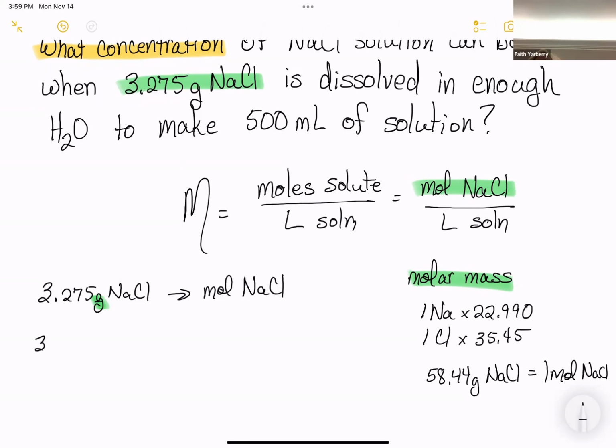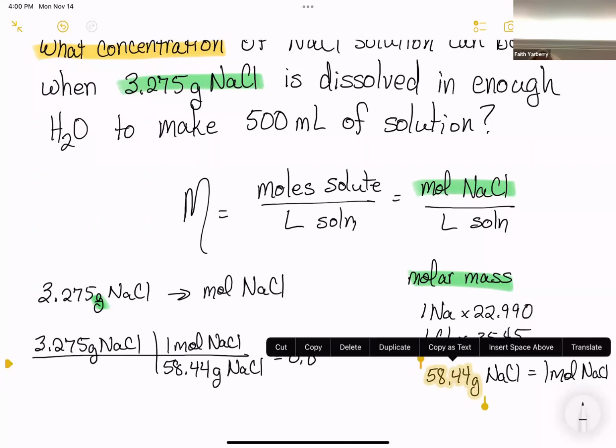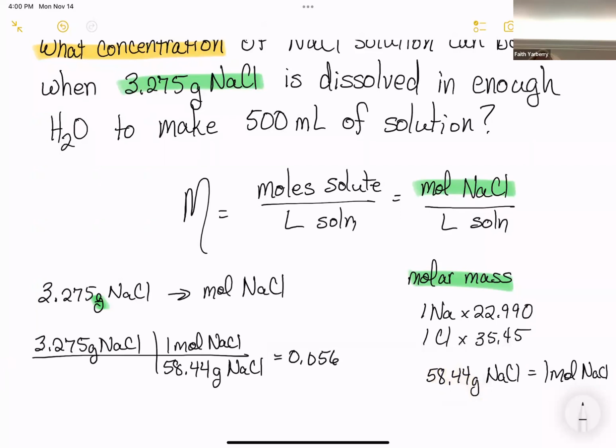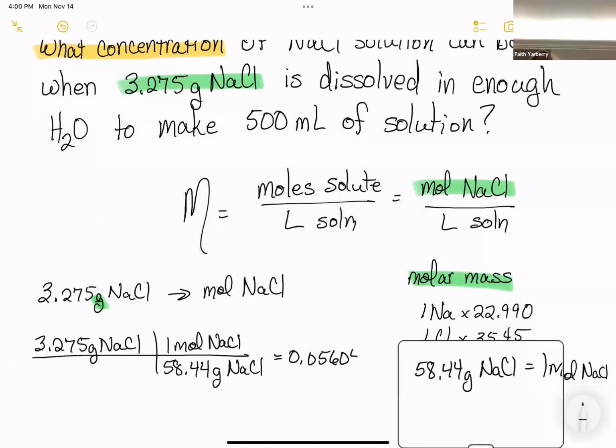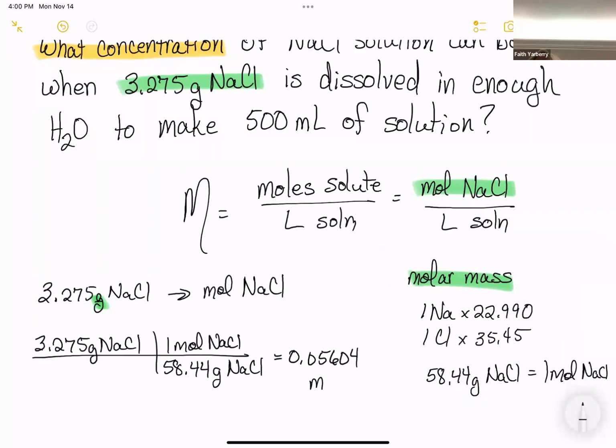So starting with that 3.275 grams of sodium chloride, I'm going to convert that into moles of sodium chloride using that molar mass, which comes out to be 0.05604 moles of NaCl.